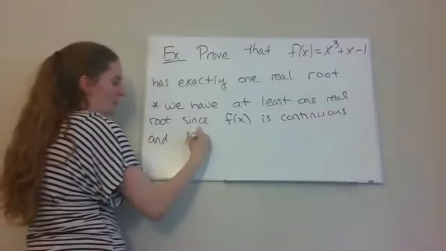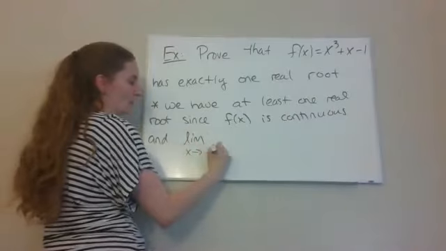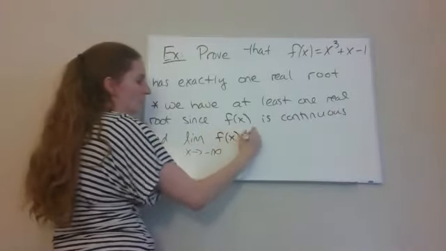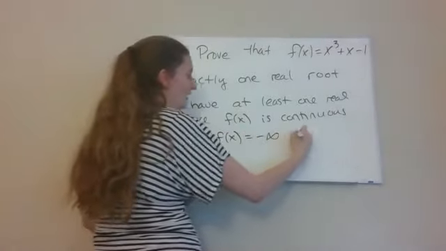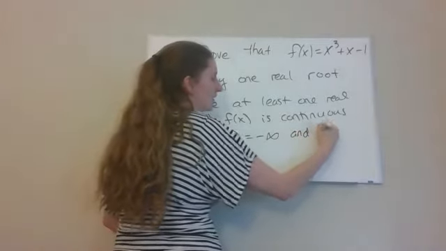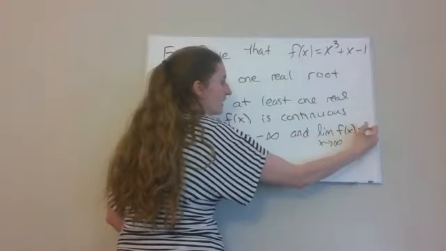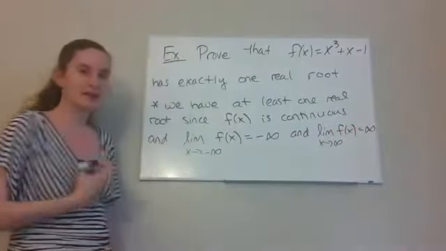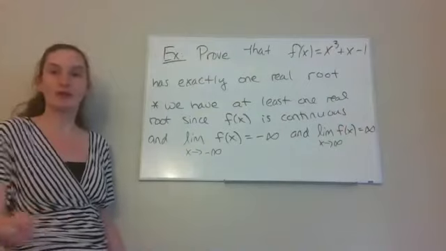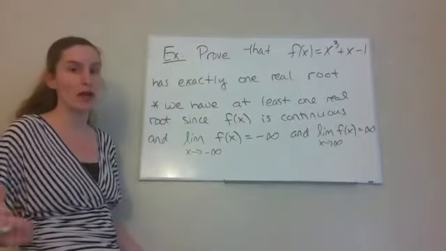And when I look at what happens when I go to the left side of the function, I'm down at negative infinity. And when I look at what happens on the far right side, I go to positive infinity. So at some point in there, I'm going to have to cross the x-axis, and so I'm going to have a root.